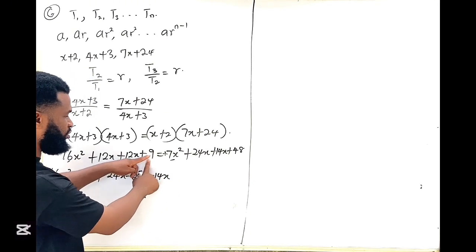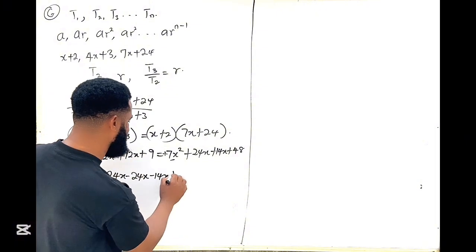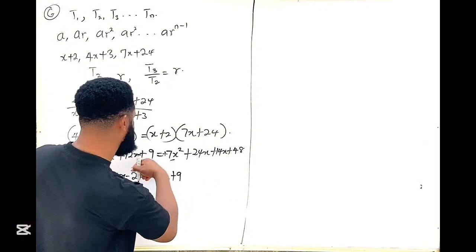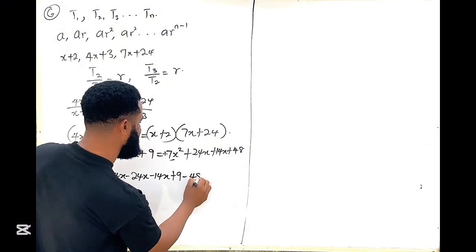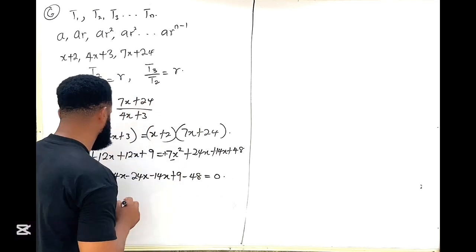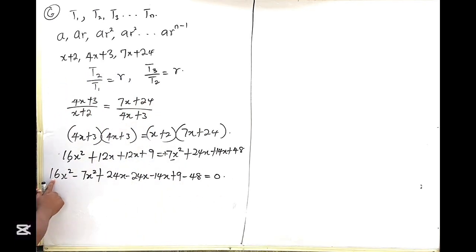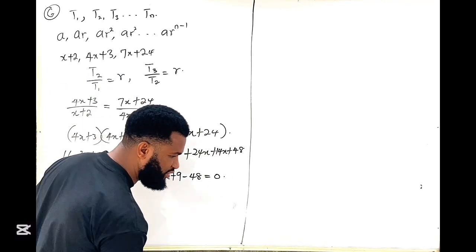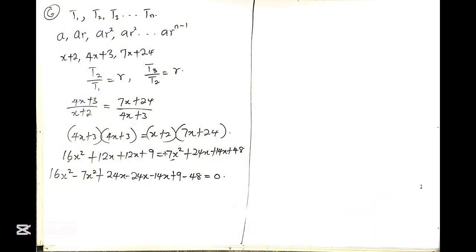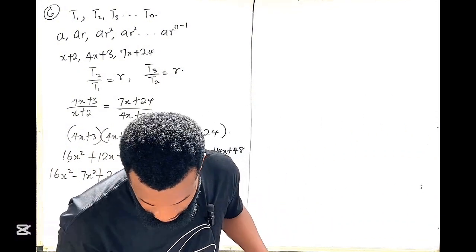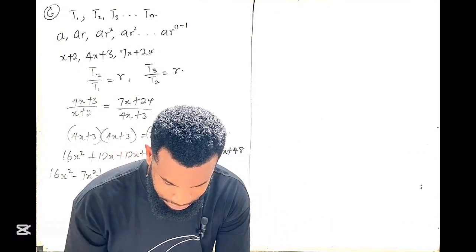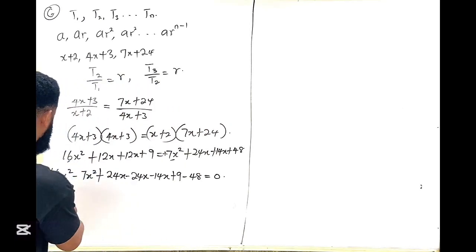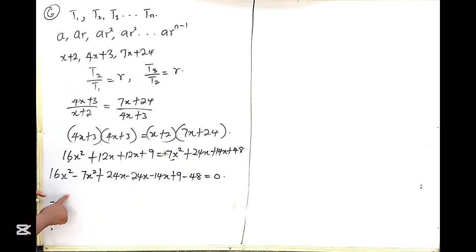Let me go with the constants. This is going to be plus 9, then 48 is going to be minus 48, everything equal to 0. So 16 minus 7 is going to give me 9x squared, of course.